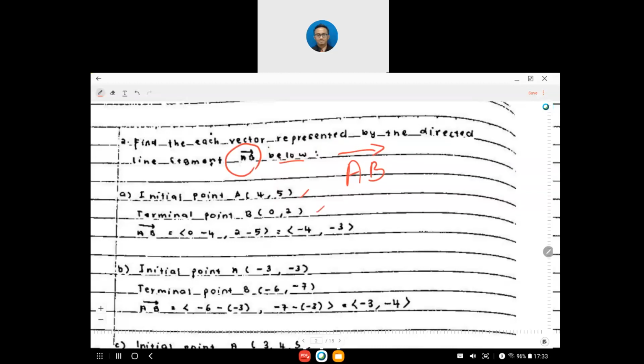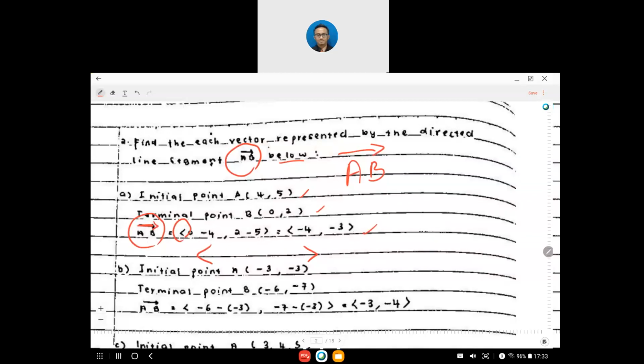So vector AB, make sure you put a vector symbol here, equal to, and the bracket here should be something like this, not the round bracket, because it is a vector. 0 minus 4, 2 minus 5. So you get (-4, -3).